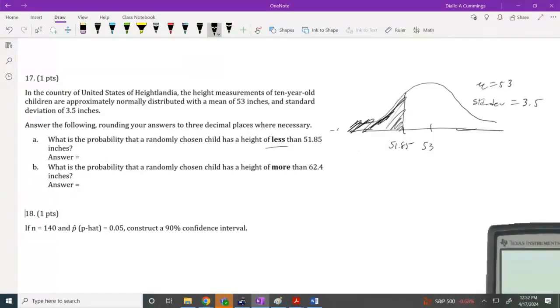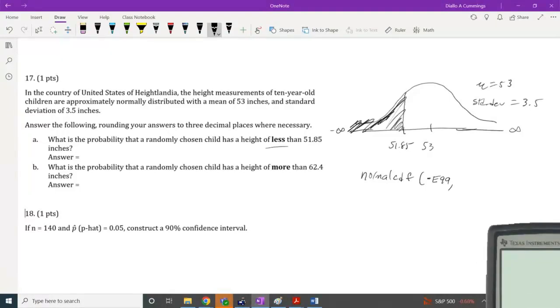Just remember we have negative infinity on the leftmost and then positive infinity on the rightmost. So in order to find this area, I'm going to use the normal CDF. I'm going to put in the lower limit, which is -e to the 99.